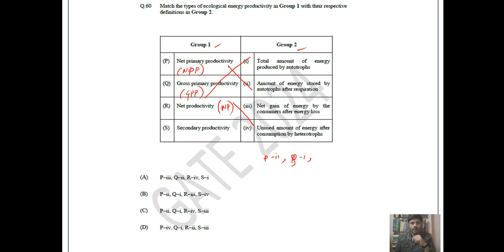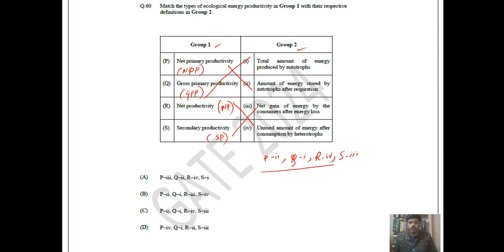So R matches with 4. And secondary productivity is defined as the net gain of energy by the consumers after energy loss. So S matches with 3.